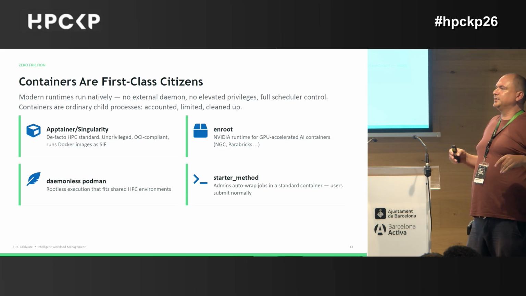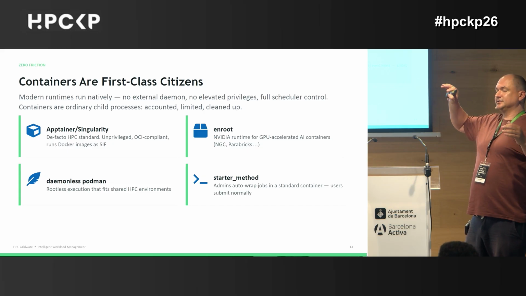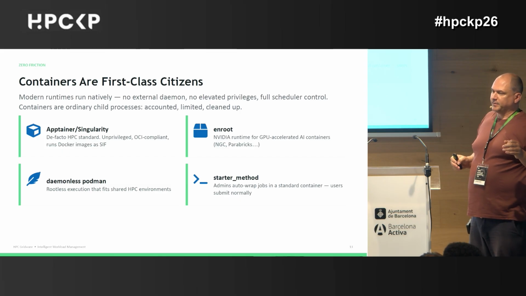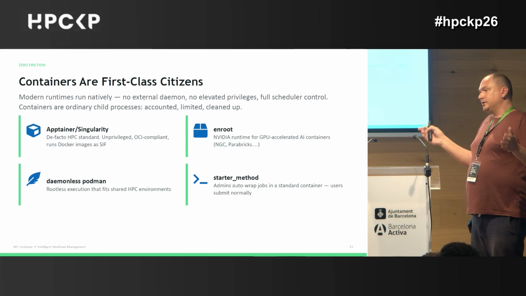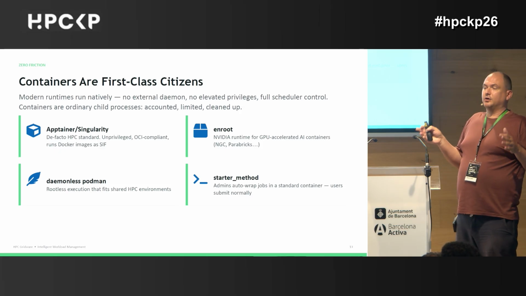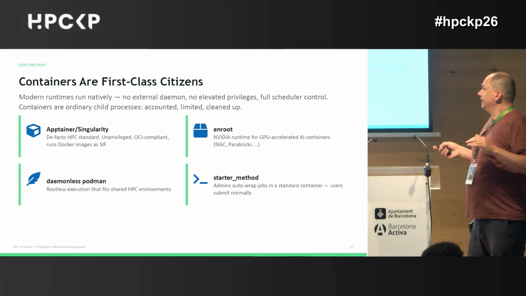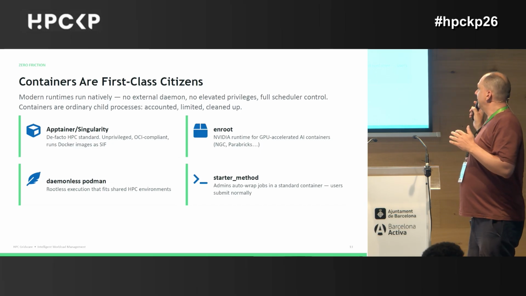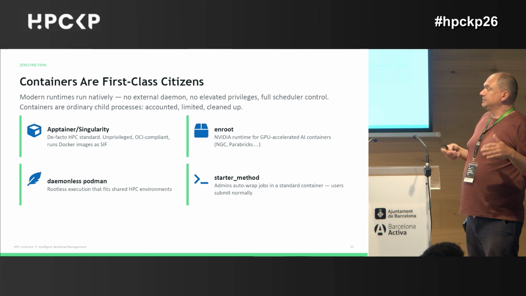At that time, people wanted to adopt it, but of course it has problems because Docker is running as a daemon, and when Docker starts jobs, they are child processes of Docker and not of the workload manager. Smart people figured that problem out and other problems, and they created stuff like Singularity at that time, which is now Apptainer, and NVIDIA comes with enroot, which we heard, and daemonless Podman and so on.